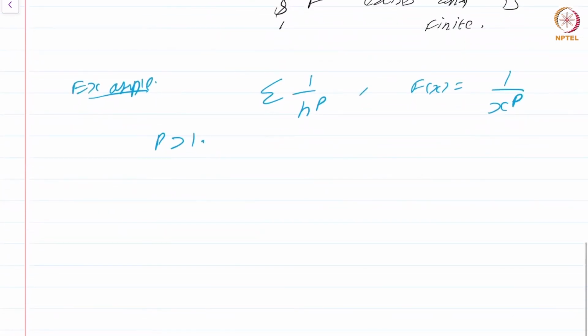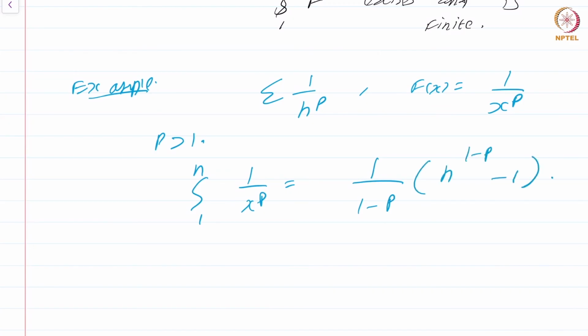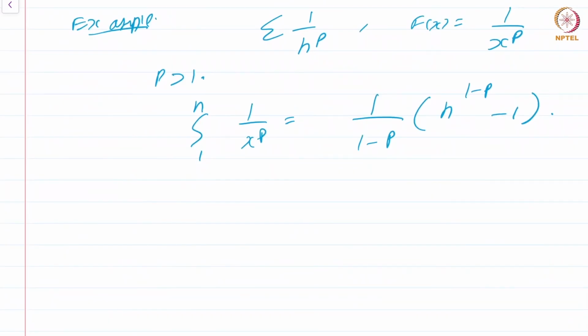Then the integral from 1 to n of 1 by x power p is nothing but 1 by (1 minus p) times n power (1 minus p) minus 1. In fact, for this we don't need to assume p greater than 1, we just need to assume that p is not equal to 1. When p is equal to 1, what I have written is not correct. The integral of 1 by x is actually log x and not the formula that I have written.